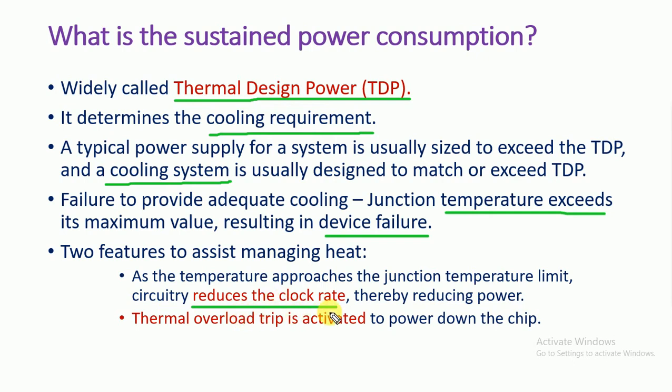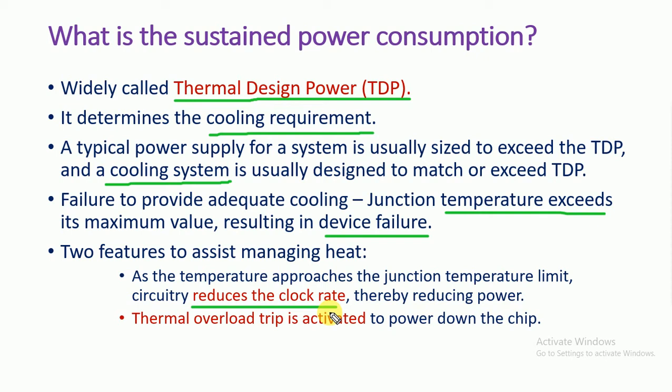The clock rate decides the speed and the performance of the system. When the clock rate is reduced, the speed will be reduced, and then the power requirement will also be reduced according to the clock rate reduction.